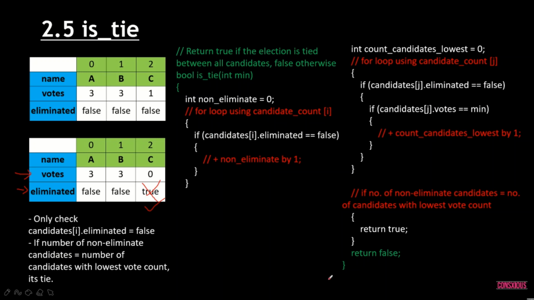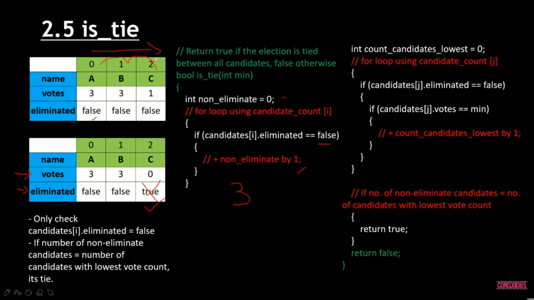So we have 3 sections here. First, we declare an integer, non-eliminated, equal to 0. We go through a loop here for the candidates, one by one. If the candidate's eliminated is false, for example this one, we add 1. So for this case it is 3. Same concept here. Declare an integer equal to 0. A for loop to the candidate count.